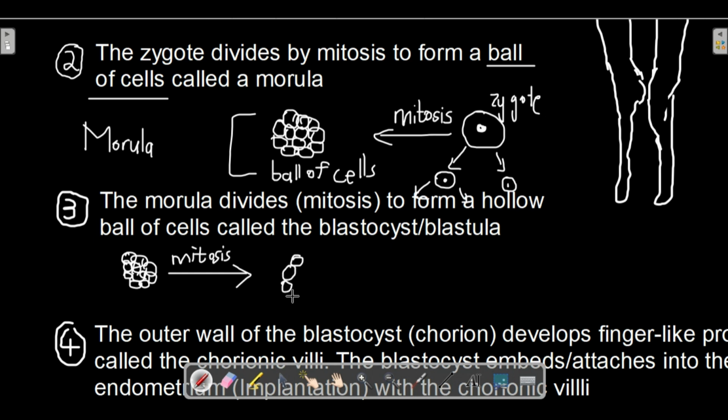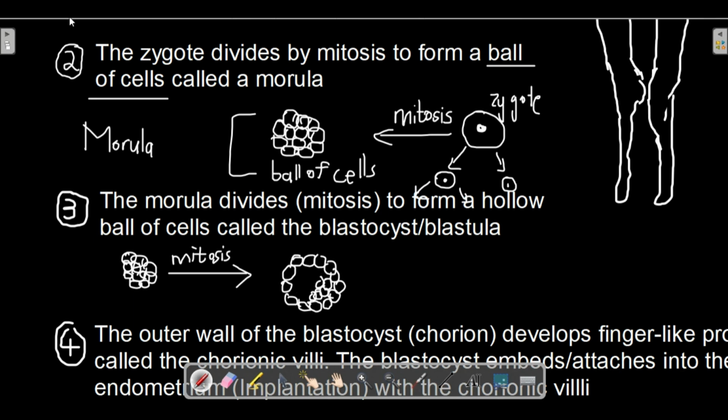I need you guys to be able to differentiate between a ball of cells and a hollow ball of cells. The hollow part means that this structure has a hole there. As you can see, that is a hole there.